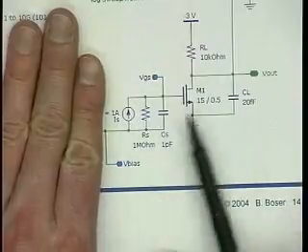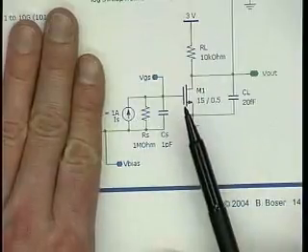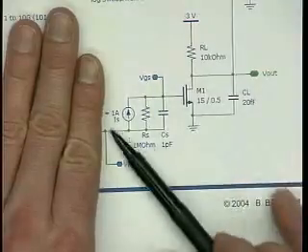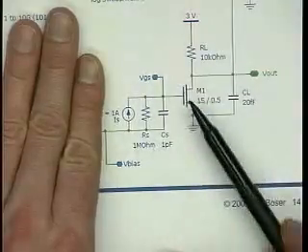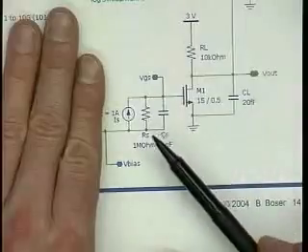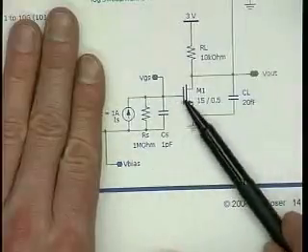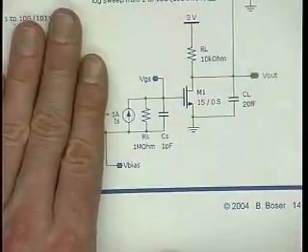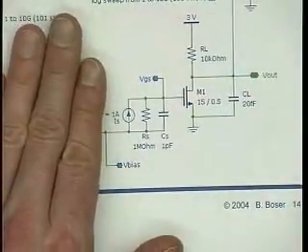A sample application is a fiber optic receiver, where this is a model for the PIN diode that converts photons to electrons, and the electrons are amplified here and give us a voltage. So it's a practical example.